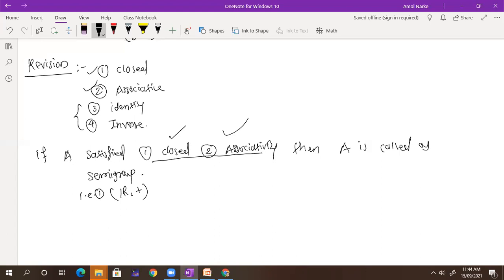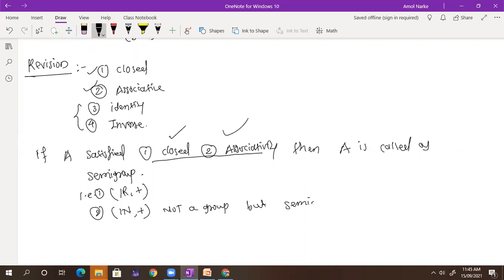It is a semigroup. Okay. Now the second one, natural numbers with addition. Whether it is closed, yes. Whether it is associative, yes. So it is a semigroup. Whether it has an identity, no. Whether it is a group, no. Not a group, but a semigroup.